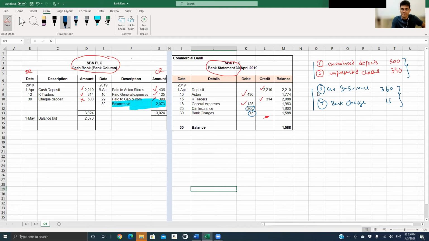The difference is these two, not recorded in the cash book. Please remember, Samira and Bashini.